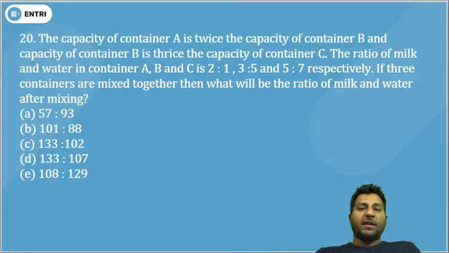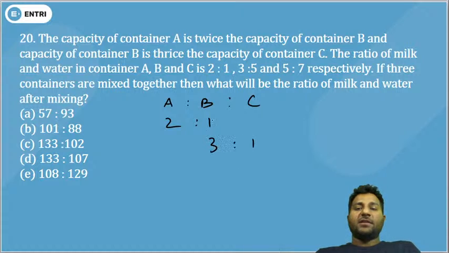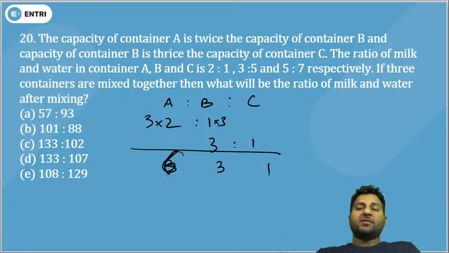The capacity of container A is twice the capacity of container B, and the capacity of container B is thrice the capacity of container C. So let's multiply with 3. That means the capacity of container A, B, and C will be 6, 3, 1.